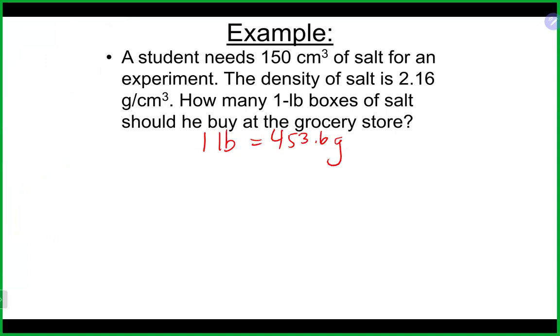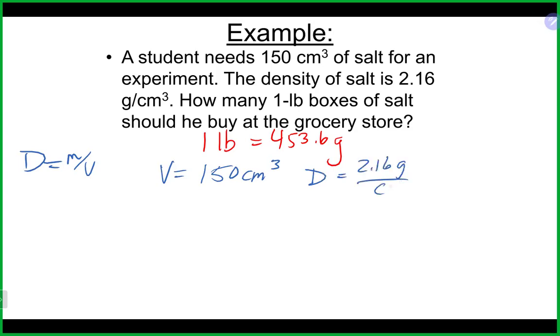So obviously we're dealing with density, mass divided by volume. We do have a volume, which is what the 150 cubic centimeters is. We also have the density given to us, which is 2.16 grams per cubic centimeter.